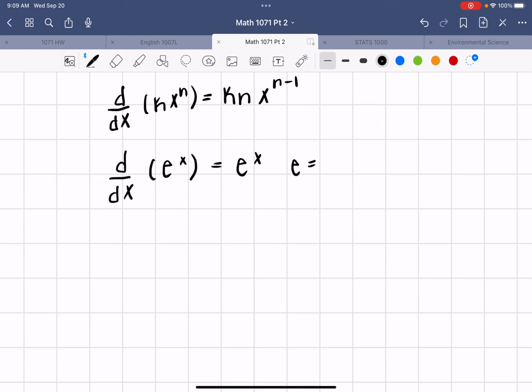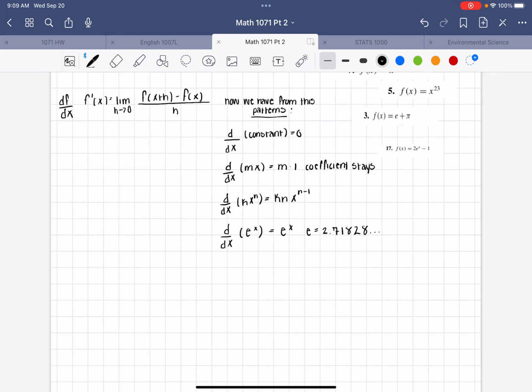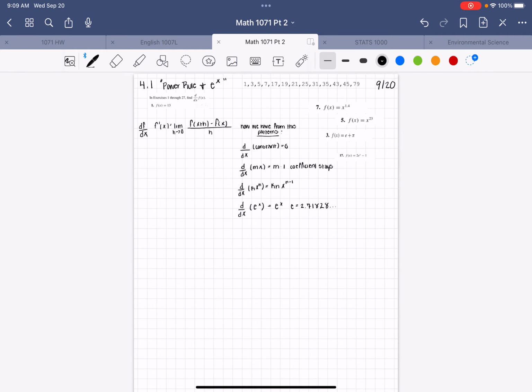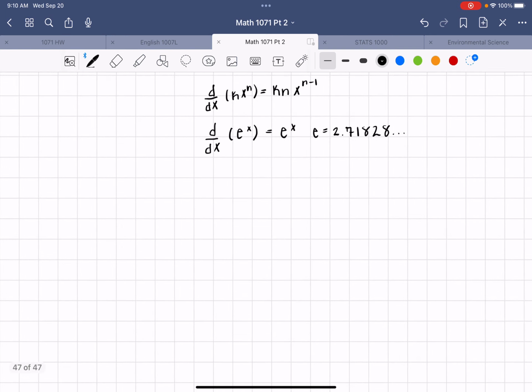It's the only number that will give you its own derivative. And then we also talked about the log function, which was very important to us. A couple weeks ago we did a lot of problems with the log function. The derivative of the log is 1 over x. So I think that summarizes the patterns that we've been evolving in chapter 3. And now we use these things.